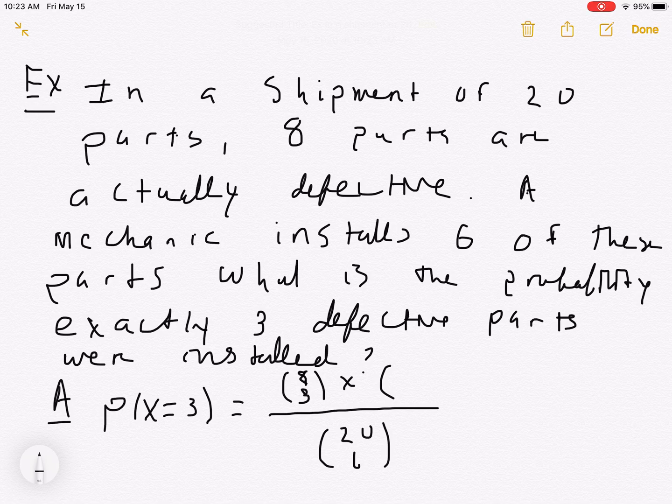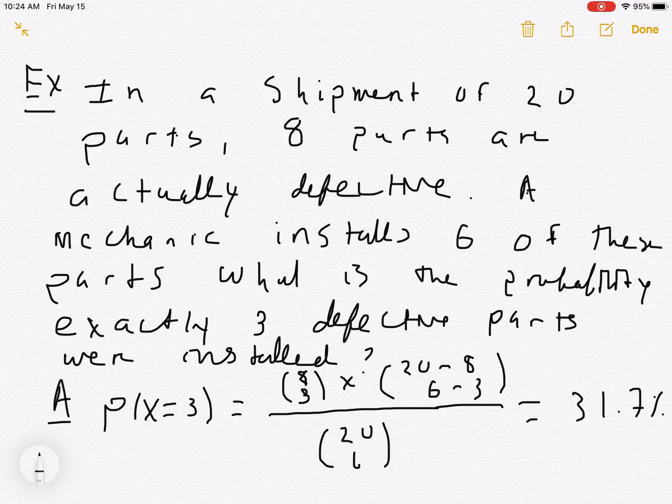I have 20 minus 8 working parts, and I need to use 6 minus 3 of them. When I do this, I'm going to get this probability. The probability is going to be 31.7% that there are exactly three defective parts installed. So let's hope those shipments come in right.